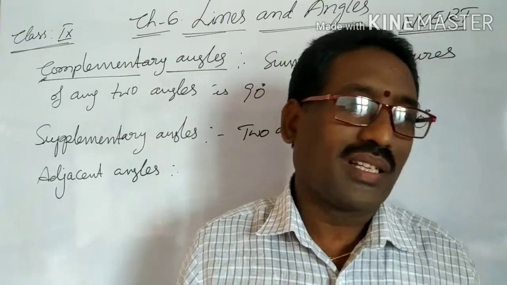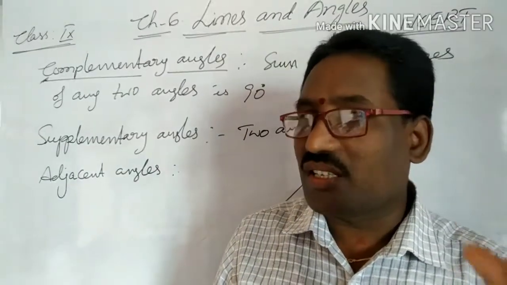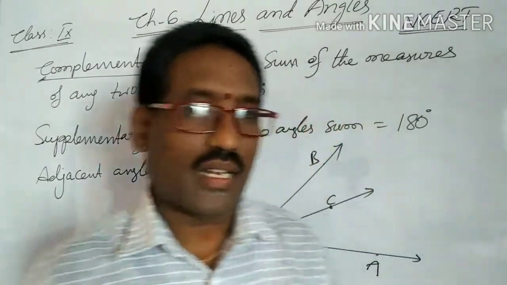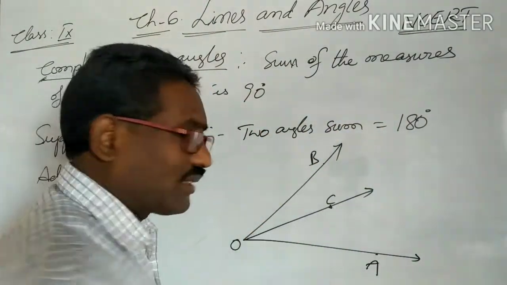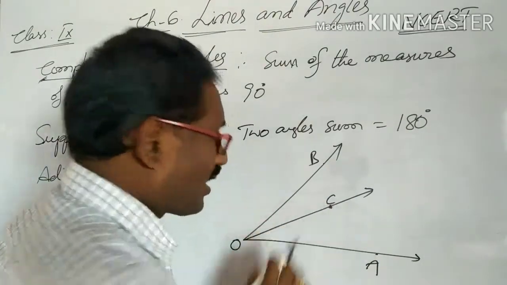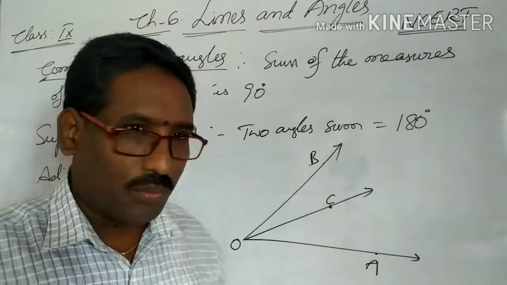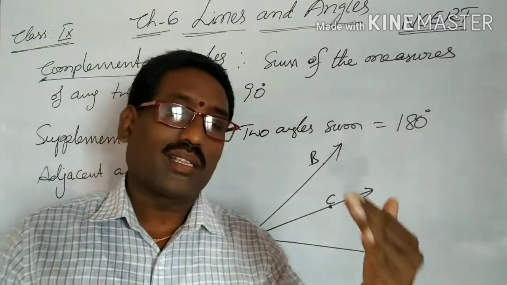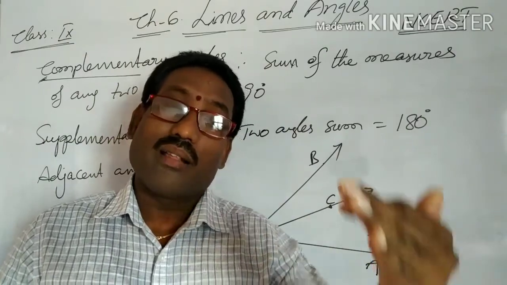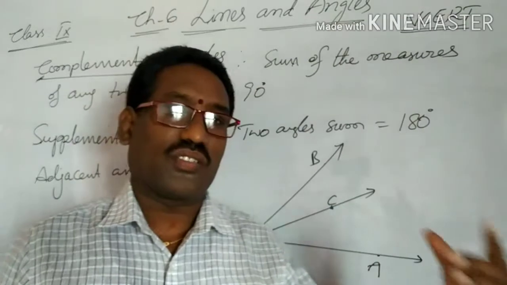That is called adjacent angles. Understand? OA and OB are the two arms, and OC is the common arm, between OA and OB. Therefore these two angles are adjacent.